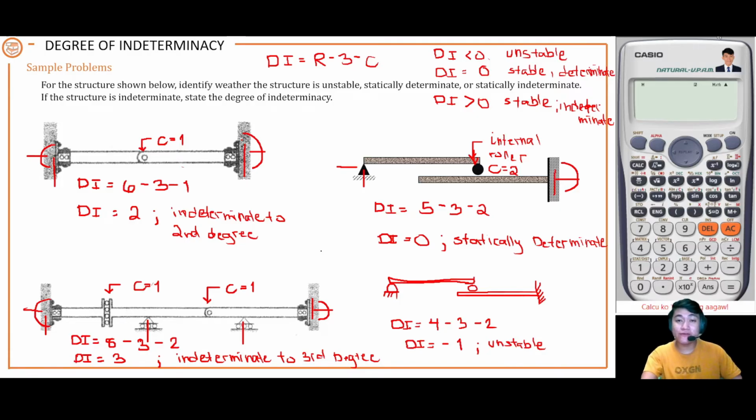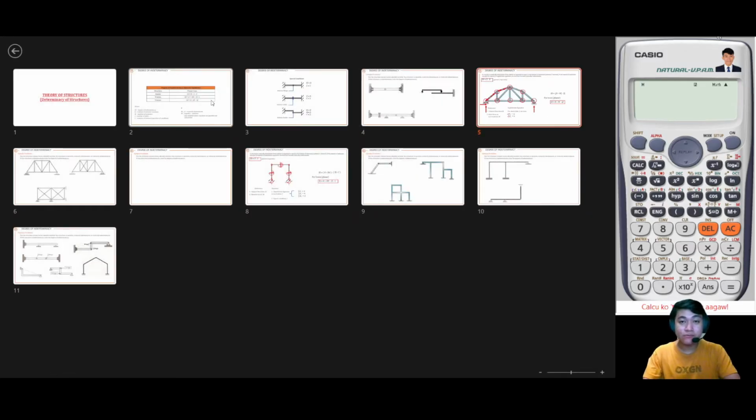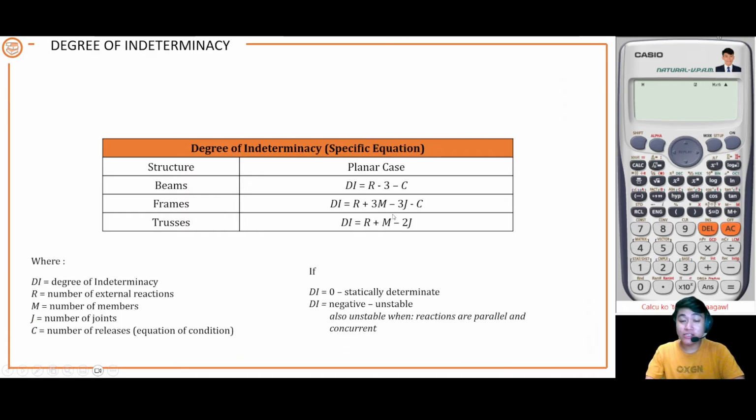Okay, now how about for trusses? For trusses, this is your formula. So the degree of indeterminacy for trusses is R plus 3M minus 3J minus C. So what is M?